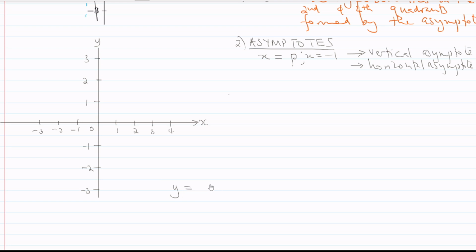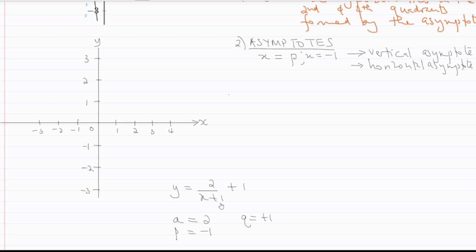Our a is 2. Our p is -1. I will explain further what that means. Why are we saying p is -1 here? And our q is +1, which is a 1. We just take that as it is.